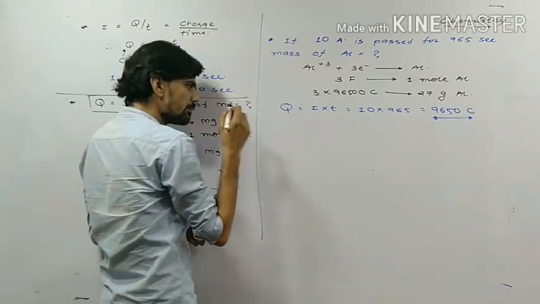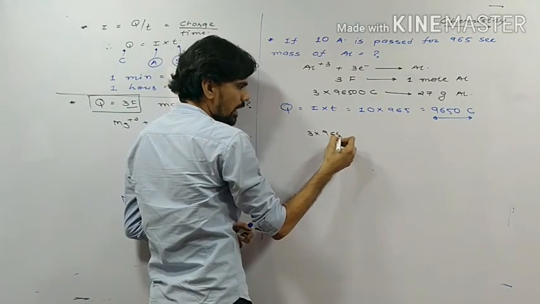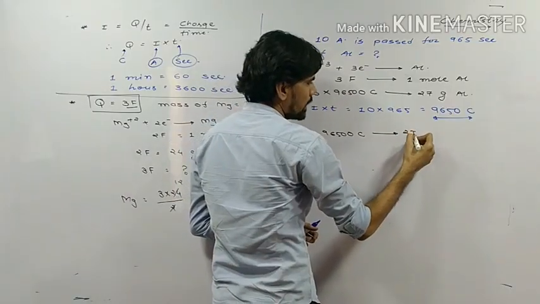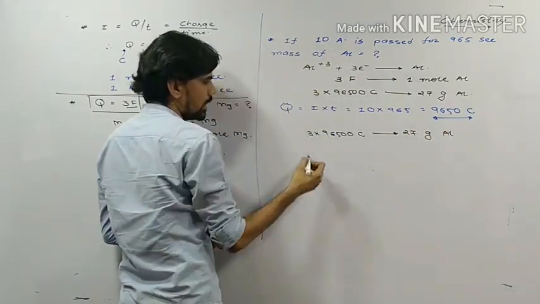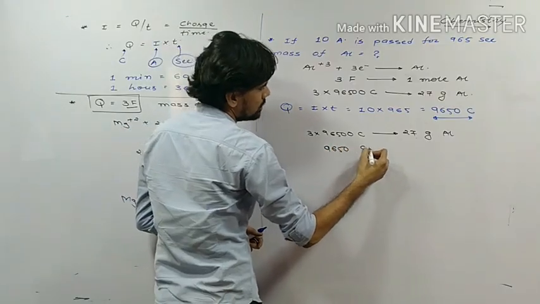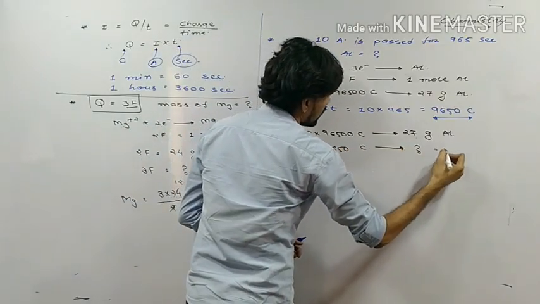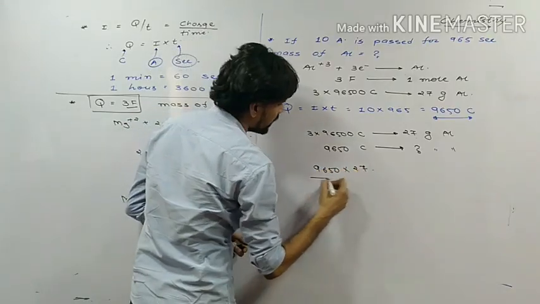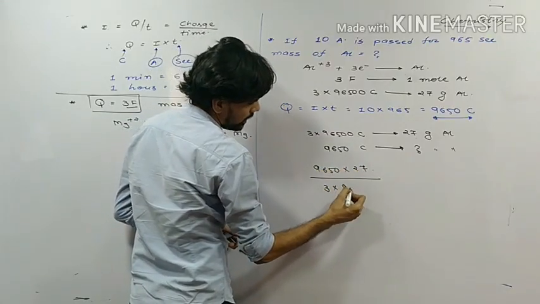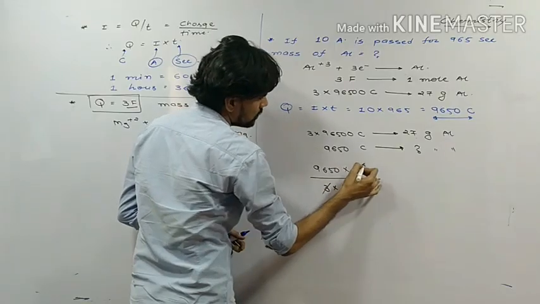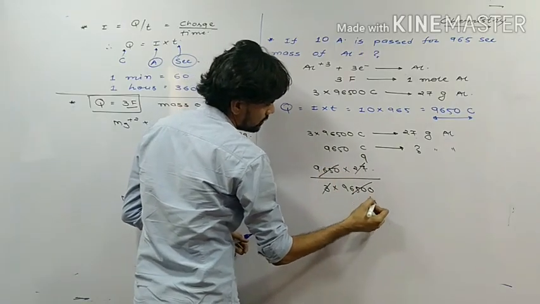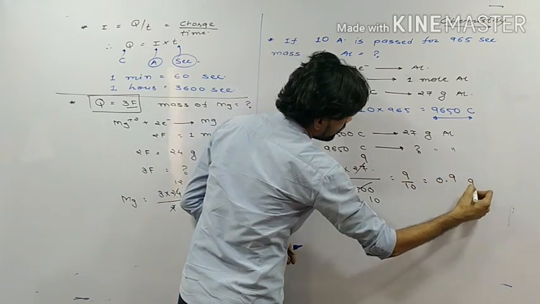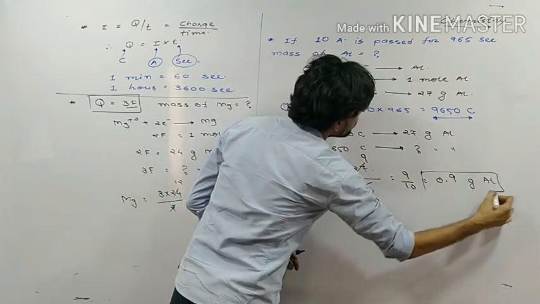Okay, if 3 into 96500 coulomb will give 27 gram aluminum, then 9650 coulomb is equal to what? 9650 multiplied by 27 upon 3 multiplied by 96500, which is 9 by 10, 0.9 gram aluminum is your answer.